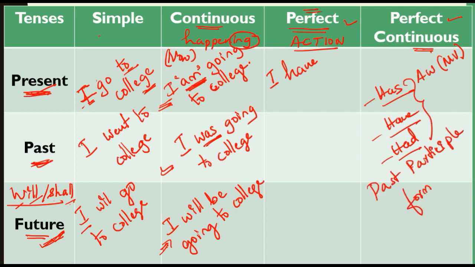What is this past participle form? If you can recollect, in the beginning of the video, I told you go is present, past tense of go is went, past participle of go is gone.